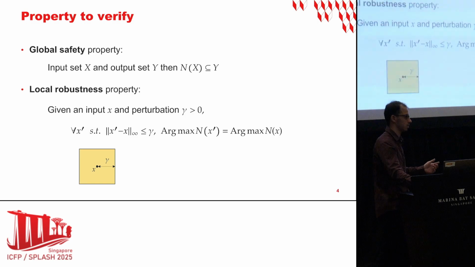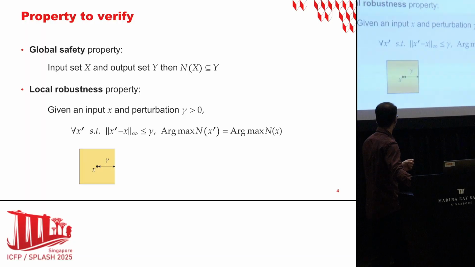The property we are considering is a global safety property. So given an input set and an output set, we want to apply the neural network to this input set and verify that the output of the neural network is within the desired output set. We also consider a second type of property.